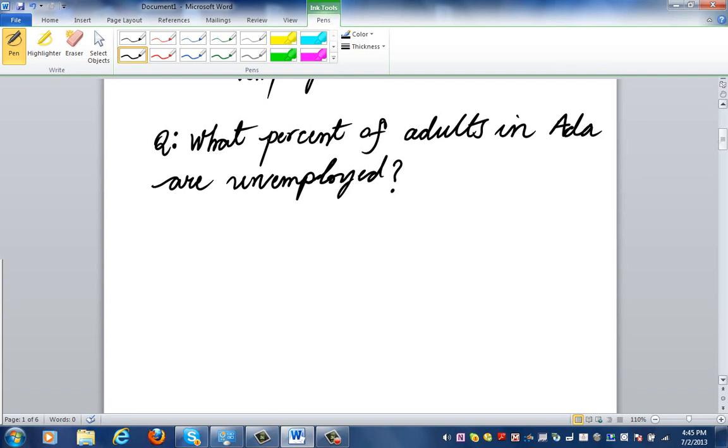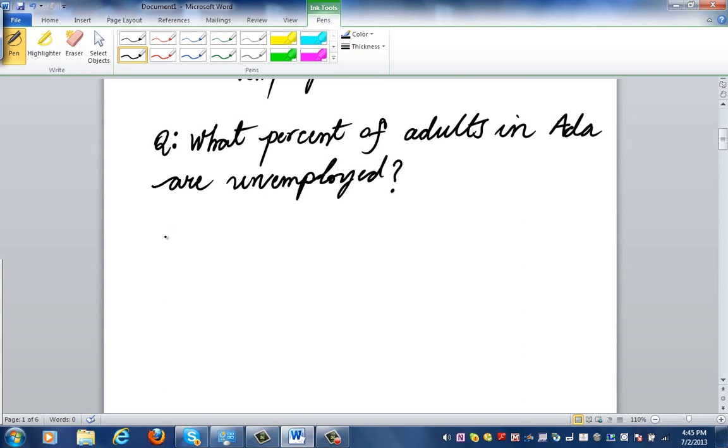Would you survey every single adult in Ada? Maybe that's too expensive for you, so you would rather take a sample of, let's say, 500 people.